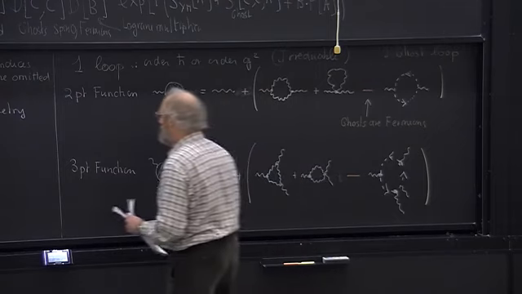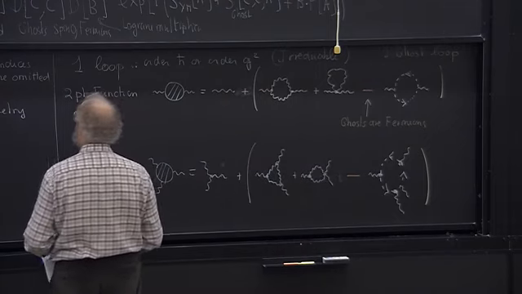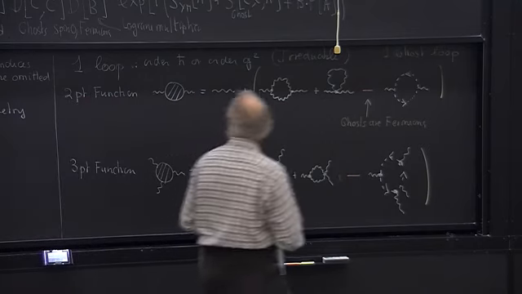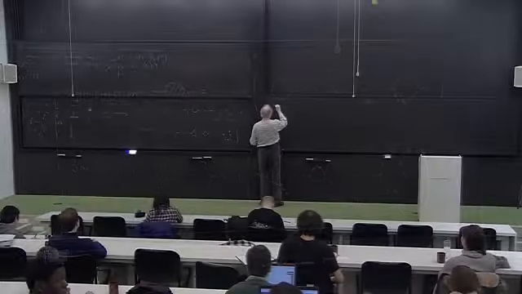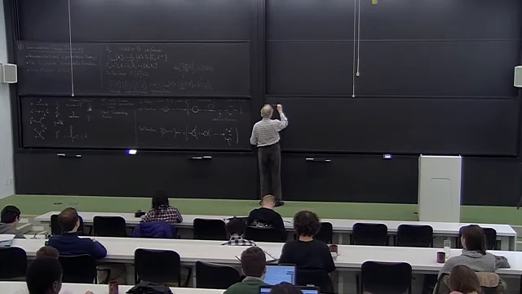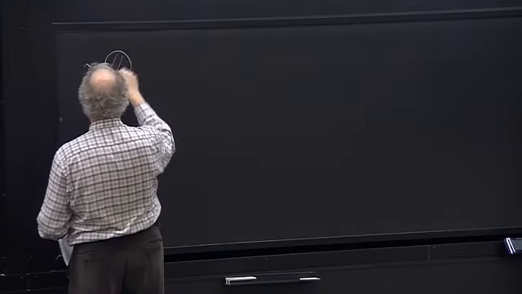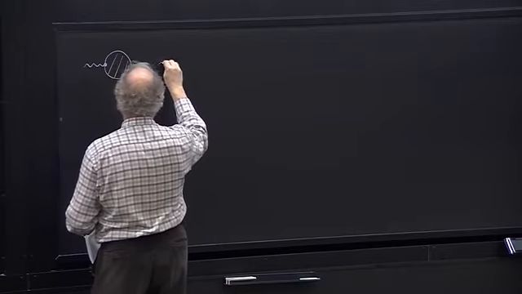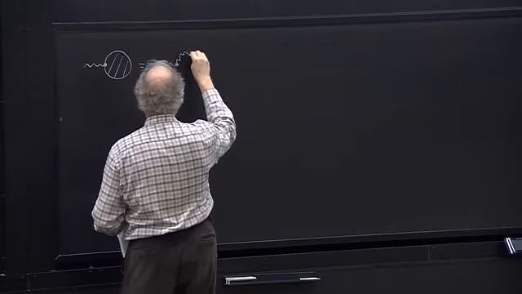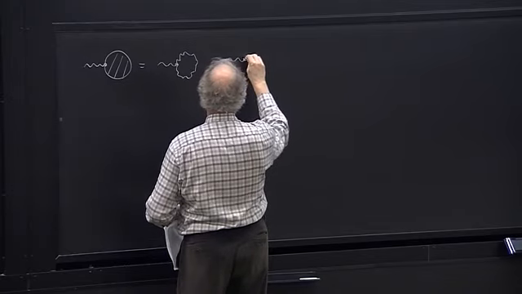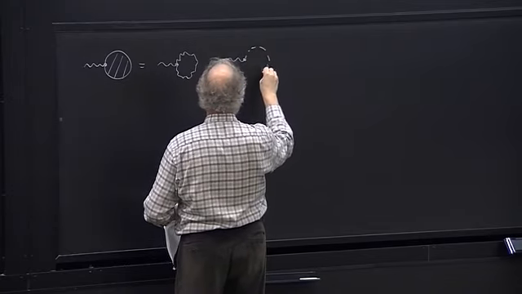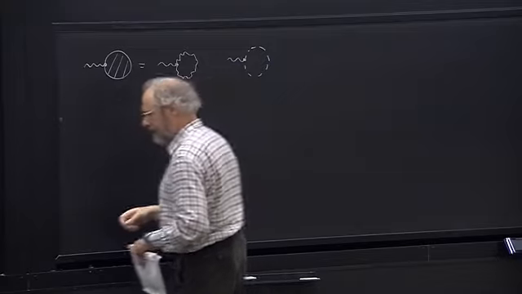And you should notice that, in fact, you also have, well, let me write them here. You have the possibility to have a 1-point function because you have this possibility and this possibility. Okay.